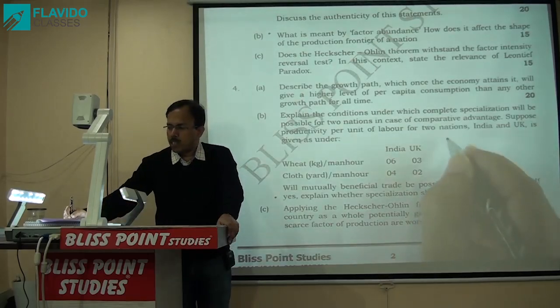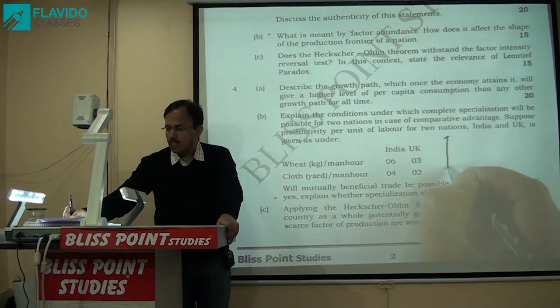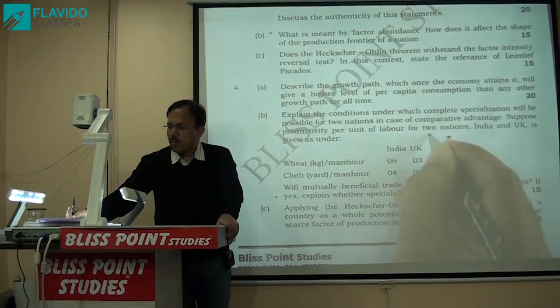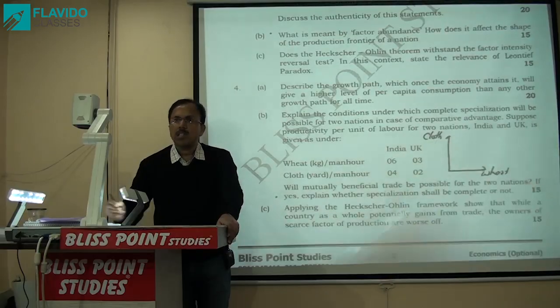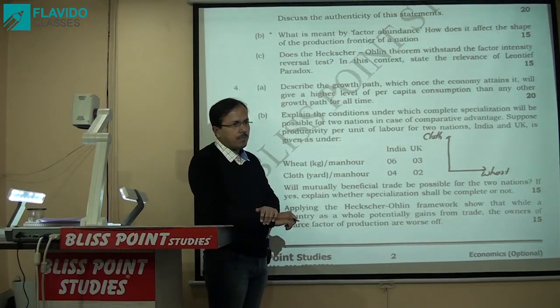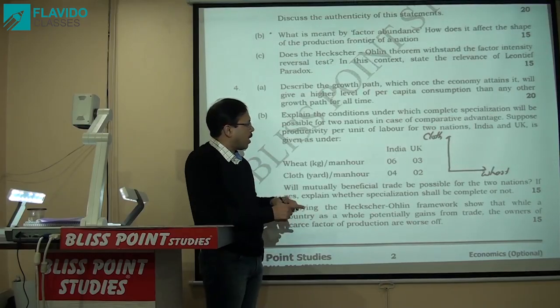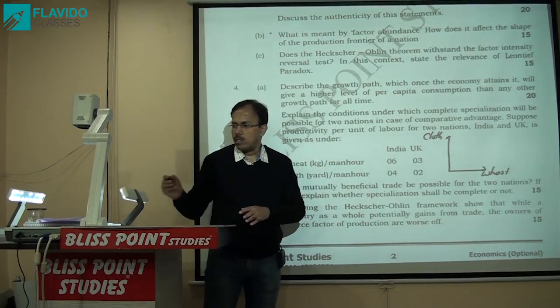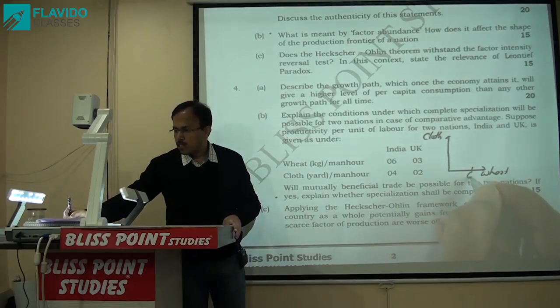What will be opportunity cost in India? If you write here wheat and cloth, just consider that India is having 1 labor hour. So in that 1 labor hour, how many quantity of wheat could be produced? 6. So I mark here 6.